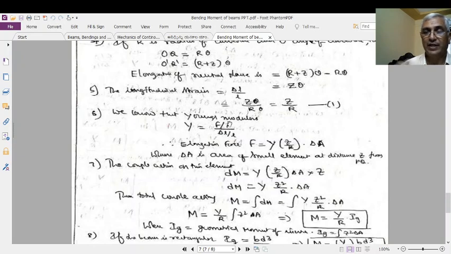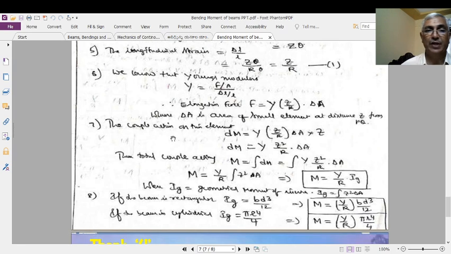What is A? The area of the small part. First we will take the area of the small part, and later we will extend it to the entire beam. We are supposed to confine ourselves to the elongation force for a small element. Let that element's area be delta A, the area of a small element at a distance Z from PQ.